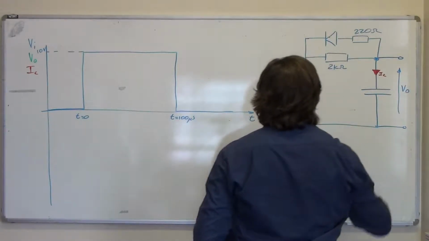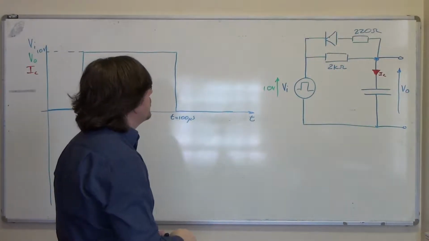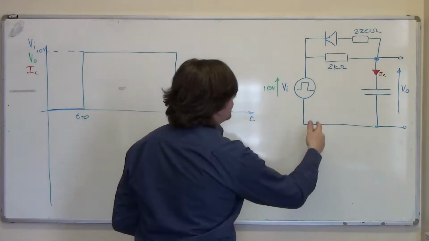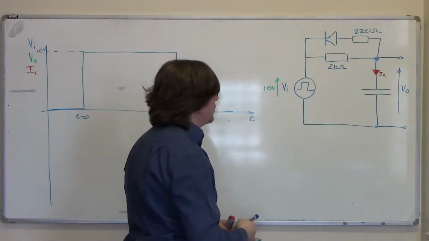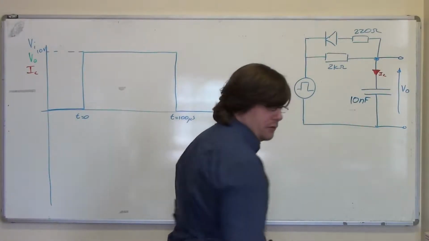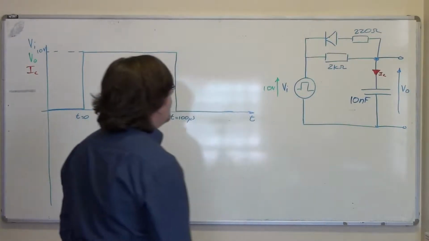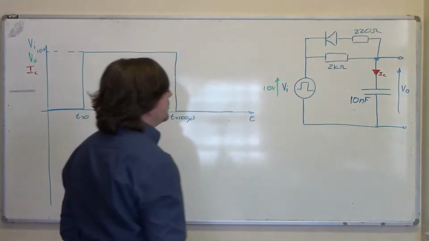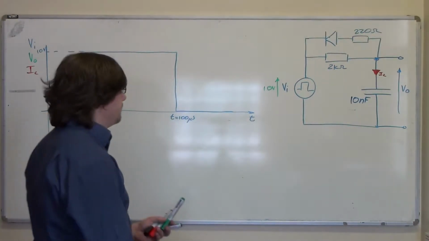So if the diode can be ignored, and we assume there's no current in the 220 ohm as well because the diode's switched off, we've really just got a first order RC circuit of 2K, and the capacitor value is 10 nanofarads for this one. I'm pretty sure. Yes. So in that case, we know that there's going to be an exponential shape for the voltage V out as the capacitor charges up through the resistor.